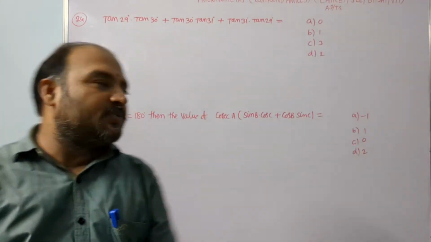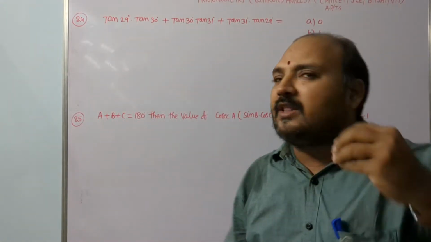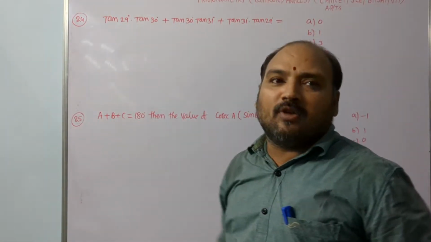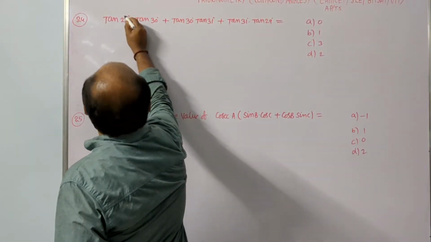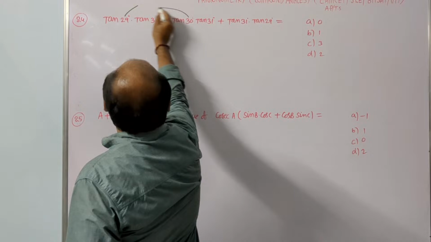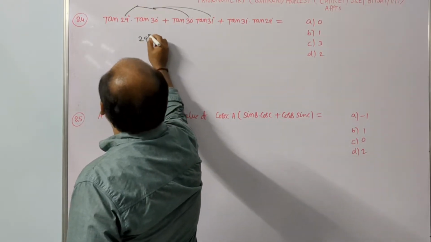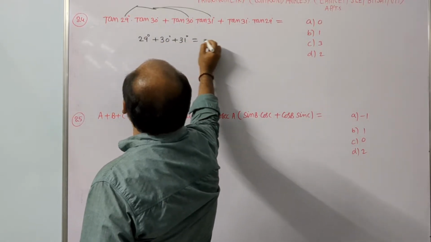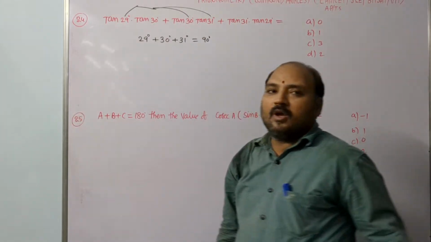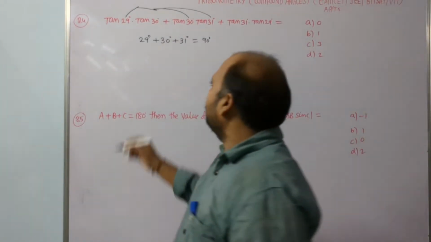So the questions which are here, observe carefully. We don't want to prove, we don't want to get the values of 29, 30 and all. If you observe 29 and 30 and 31, whose sum, 29 degrees plus 30 degrees plus 31 degrees, is equal to 90 or not? We have one important result.